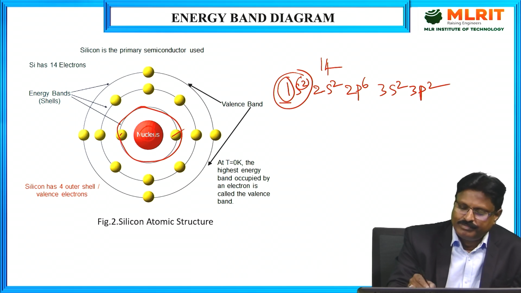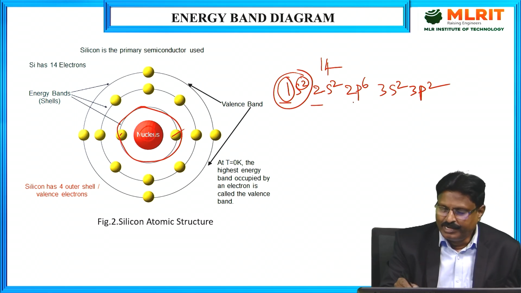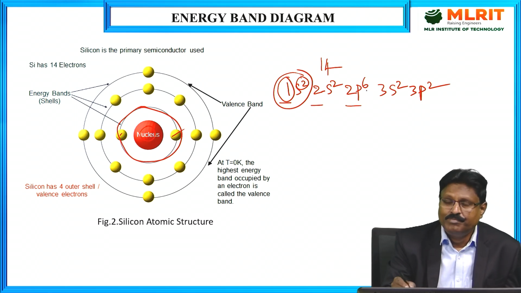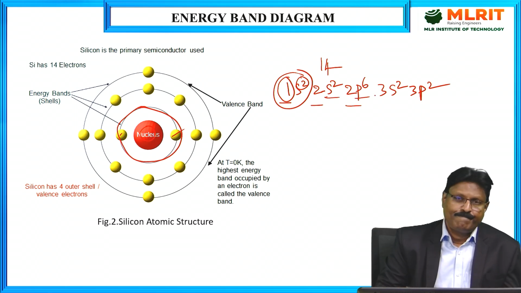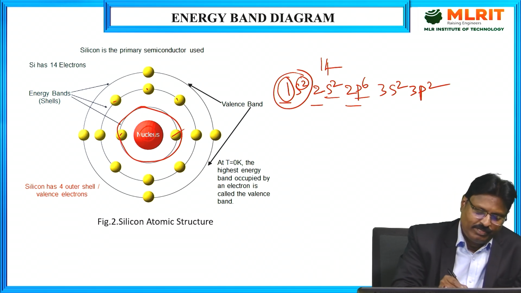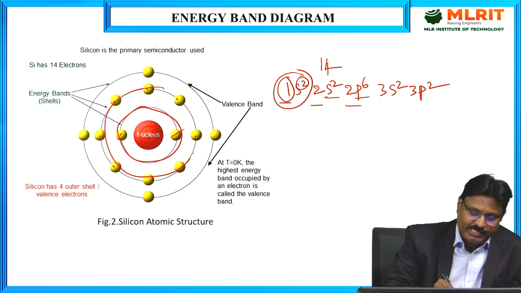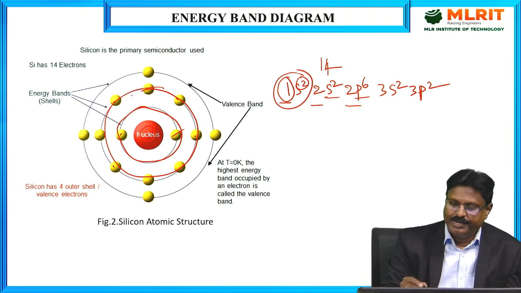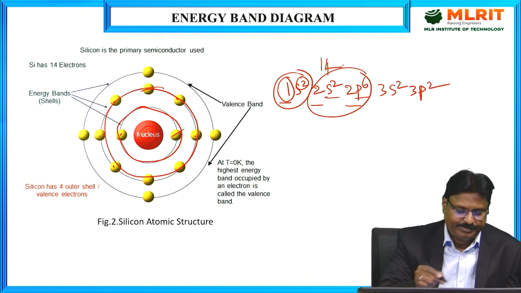And the second shell is a combination of 2 subshells, one is S, the second one is P. So 2 plus 6, 8. As you can see here, 1, 2, 3, 4, 5, 6, 7, 8. So the second shell, the second orbit, contains 8 electrons.